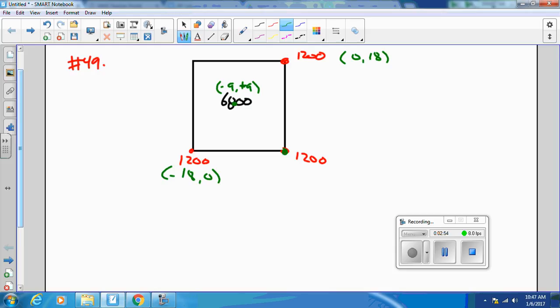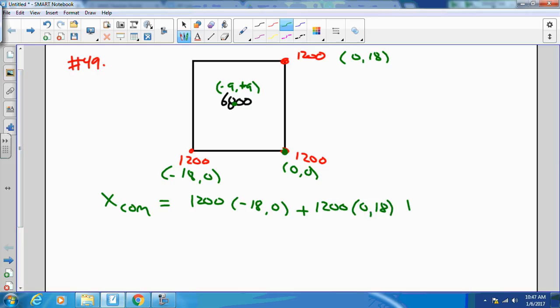Okay? So let's walk through now and do the center of mass relative to our origin, and that's the key. So we get the center of mass is 1,200 times -18, 0, plus 1,200 times 0, 18, plus 1,200 times 0, 0, that term's going to be invisible when I add it up, and plus 6,800 times -9, 9.